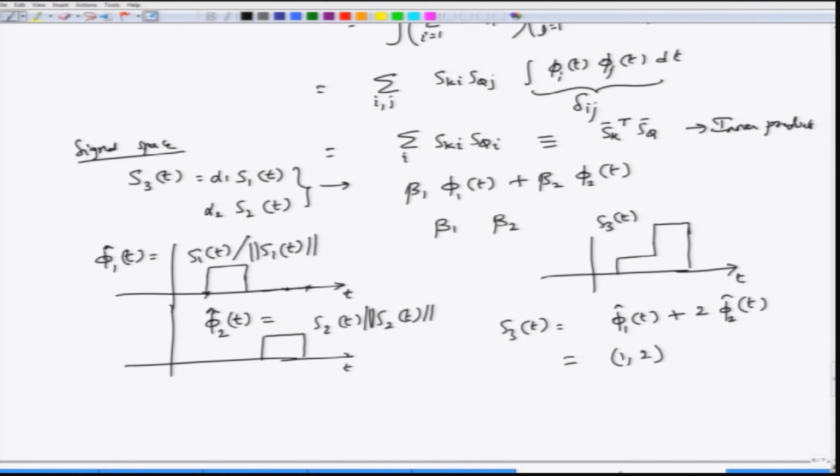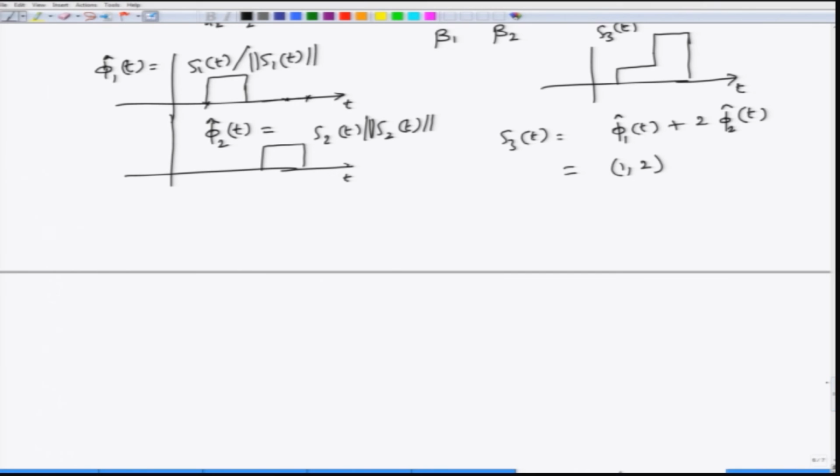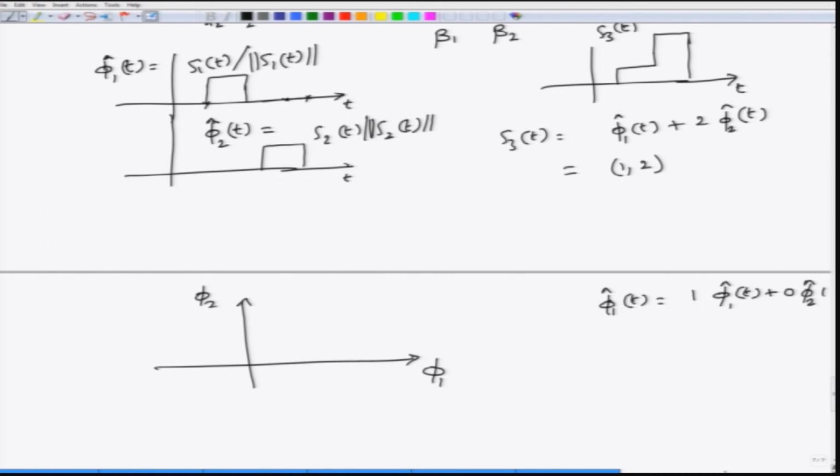So, in the phi 1 and phi 2 plane, we will drop the time notation, because phi 1 of t itself can be written as 1 times phi 1 of t plus 0 times phi 2 of t. Well, let us not go this way, this is not the correct way to write it.